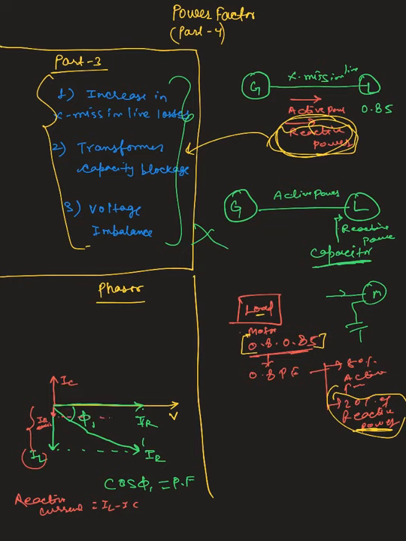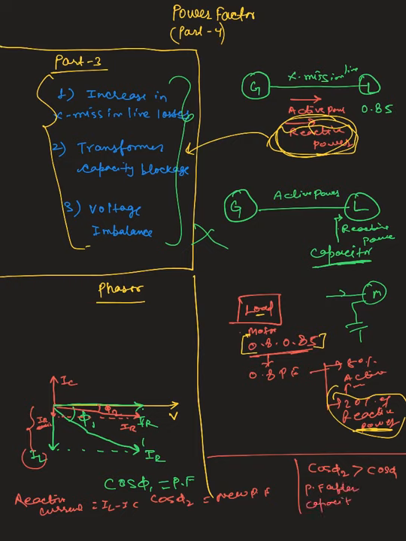So now the resultant current will shift here, and this will become phi 2. So cos phi 2 is the new power factor, and from here you can easily see that cos phi 2 is greater than cos phi 1, or power factor after capacitor is greater than power factor without capacitor.